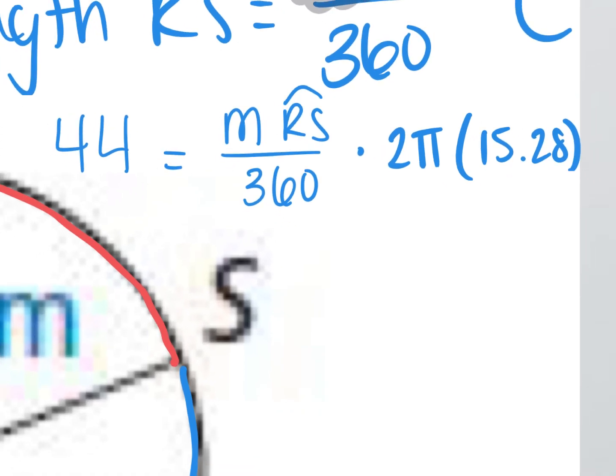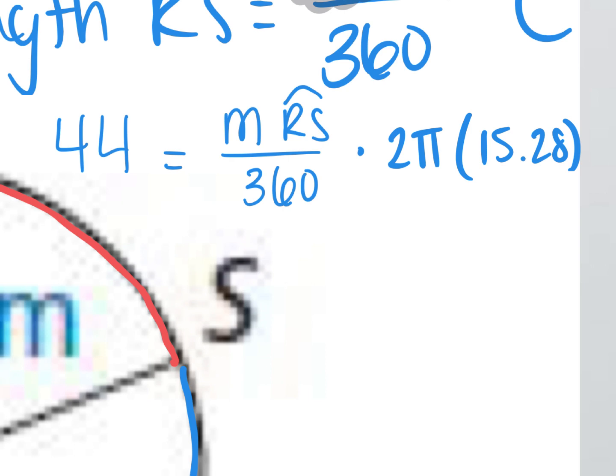Now, guys, I'm confident that a lot of us can get to this stage. But I'm starting to think that a lot of us are going to struggle with solving for that variable, the measure of RS, specifically using these values in our calculator. You're going to have to divide and multiply.